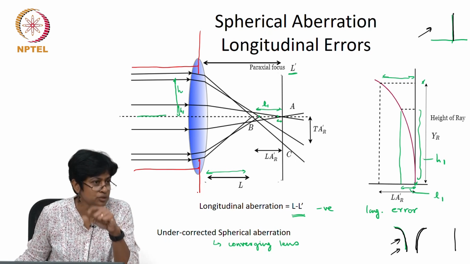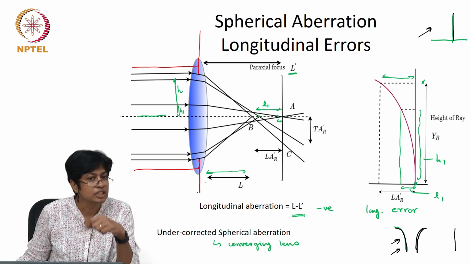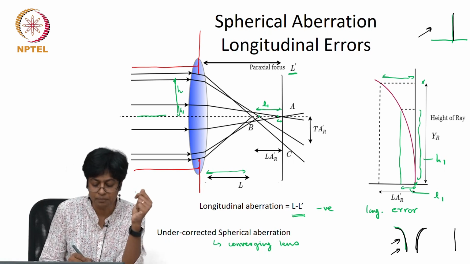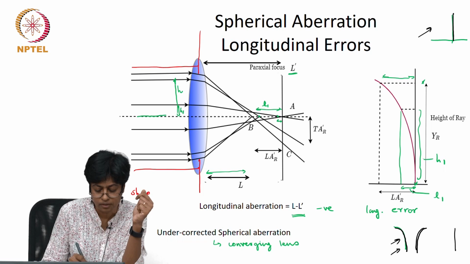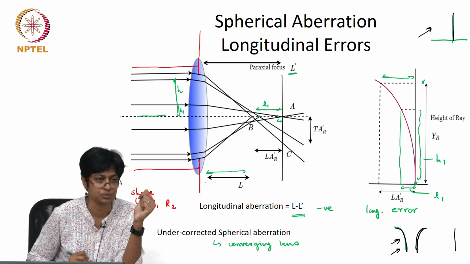But another way to reduce spherical aberration, which may not be so obvious, is to change the shape of the lens. And what do we mean by shape of the lens? The shape of a lens is governed by its R1 and its R2.